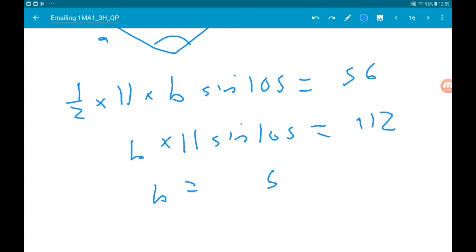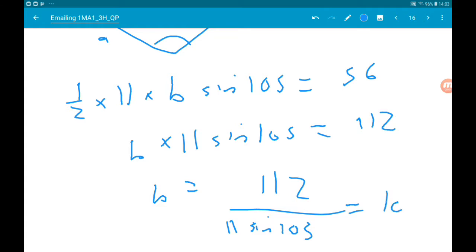Now if we divide by 11 sine 105, B is 112 over 11 sine 105. So work that in your calculator and you should get 10.5 meters.